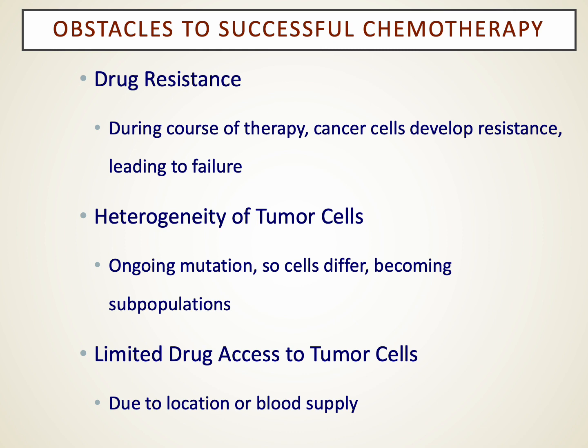Another issue we often have is getting the drug to the site of the tumor. That may relate to blood supply or the location of the tumor or something else, and so that is sometimes a problem.